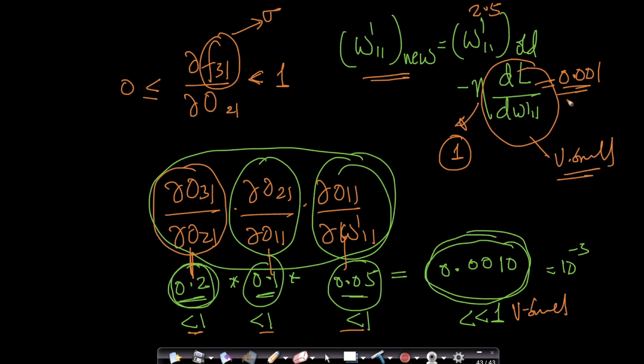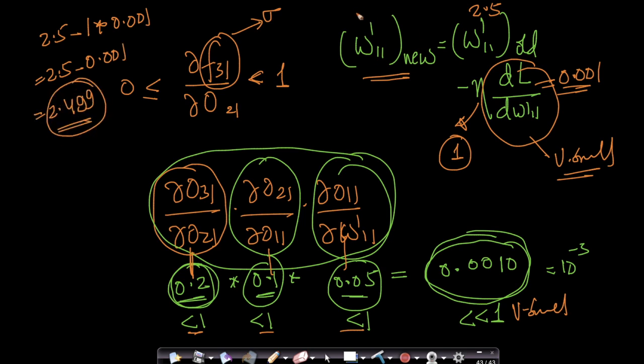Then what happens in this iteration? You have 2.5 minus 1 multiplied by 0.001, which is 2.5 minus 0.001, which is 2.499. So your new weight here becomes 2.499, which is very, very close to your old value.